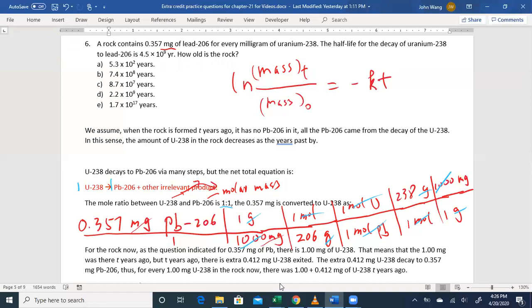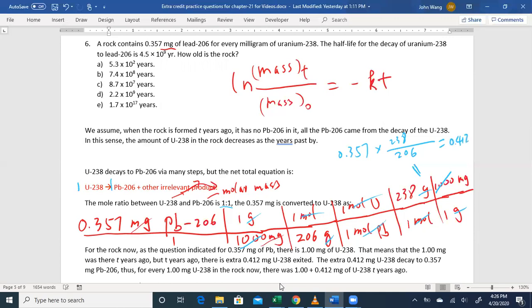What's really important in the calculation is that this equals 0.357 times a fraction, 238 over 206. So it becomes much simpler if you have a problem on the test: take the given milligrams of lead, multiply by 238 divided by 206, and get how many milligrams of uranium were used.